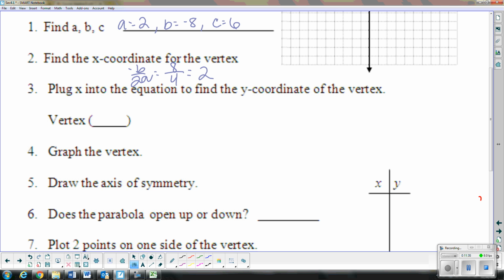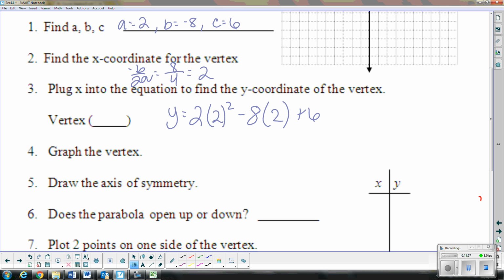To find the y-coordinate of our vertex, we have to plug the x-coordinate into the quadratic function. So y is 2x squared, where our x is 2, minus 8 times x, which again in this case is 2, plus 6.